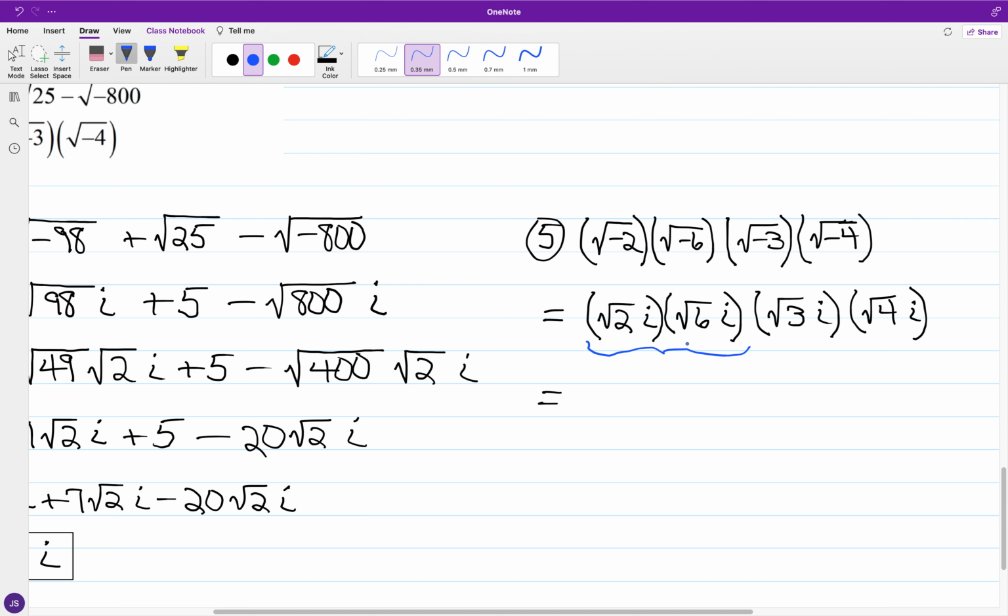Let's say I just pair up the first two terms: the square root of 2, the square root of 6, and i times i becomes i squared. If I do the last two terms, I have the square root of 3 times the square root of 4, and i times i becomes i squared.